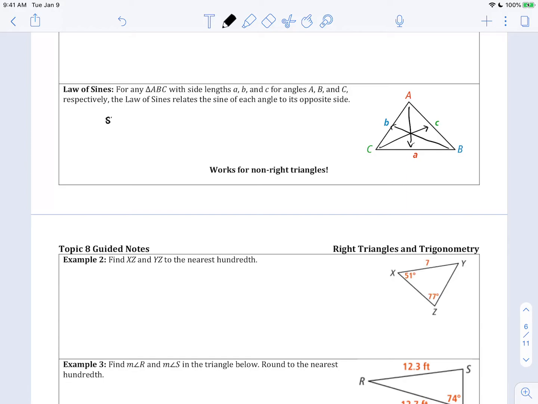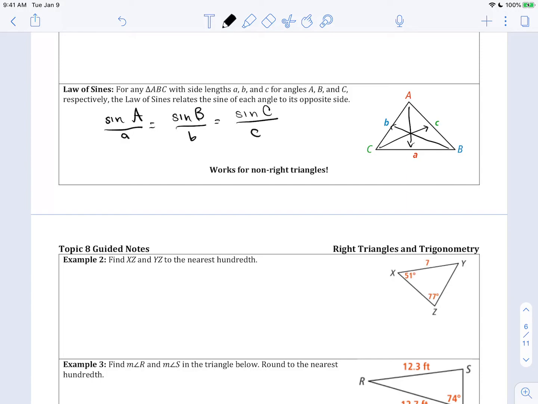So we'd say sine of angle A over side A equals sine of angle B over side B equals sine of angle C over side C. Okay? So that's law of sines.